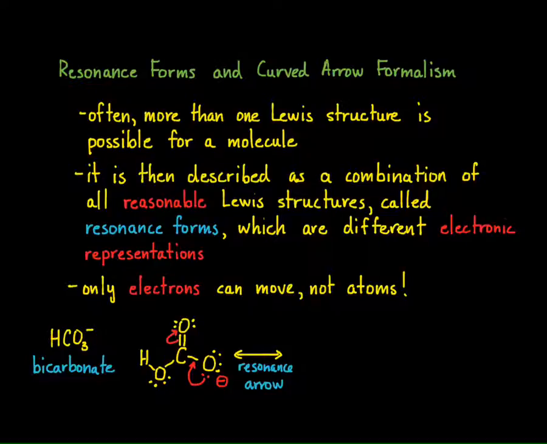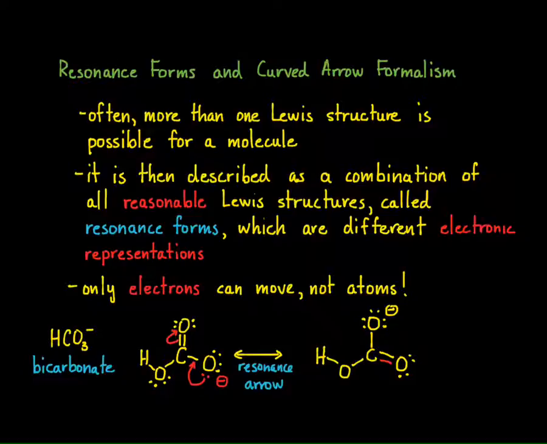So now when I'm drawing the new structure, I have a connectivity that's a little bit different. Notice the carbon-oxygen double bond initially. Now one of those bonds is broken, and the oxygen now has 3 pair of electrons around it, and it has a negative charge. And now the original carbon-oxygen single bond has a double bond on it, and the oxygen only has 2 non-bonding pair of electrons around it, right?